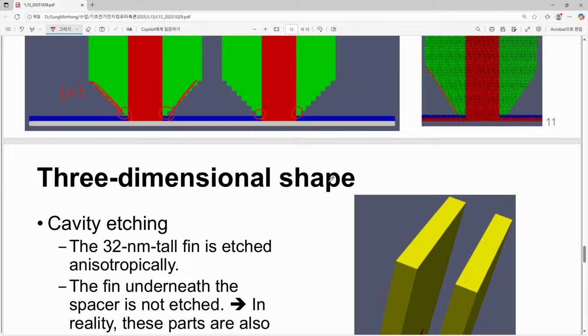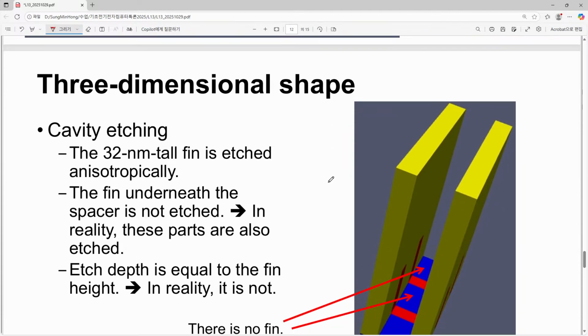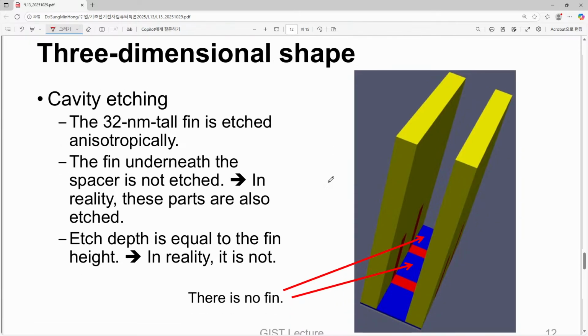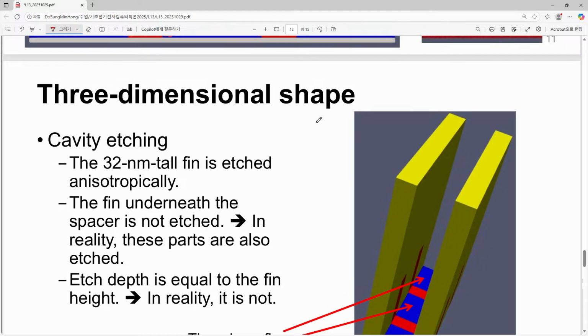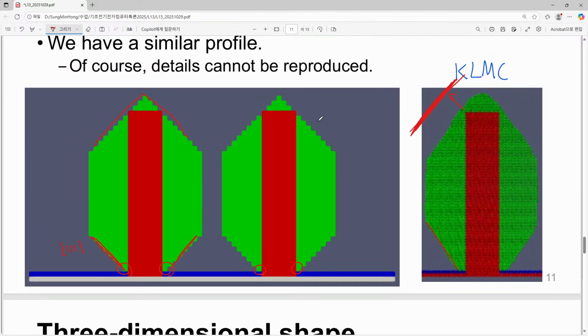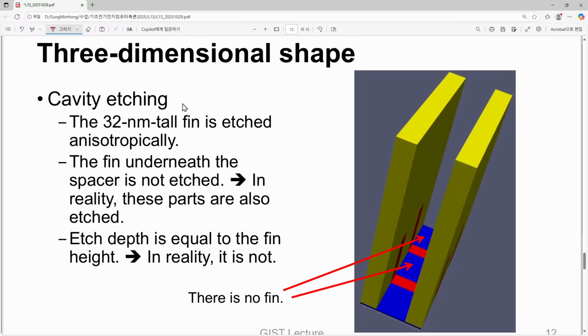And now let's go to our real three-dimensional shape. Of course, this result is obtained from our three-dimensional structure, and just a cross-section is shown. However, in the realistic case, we usually perform so-called cavity etching. What is this cavity etching?